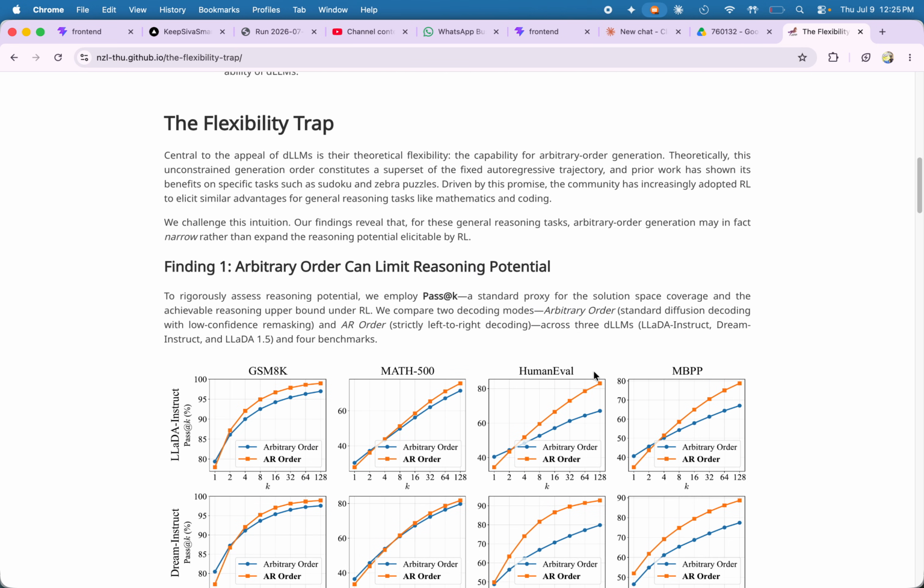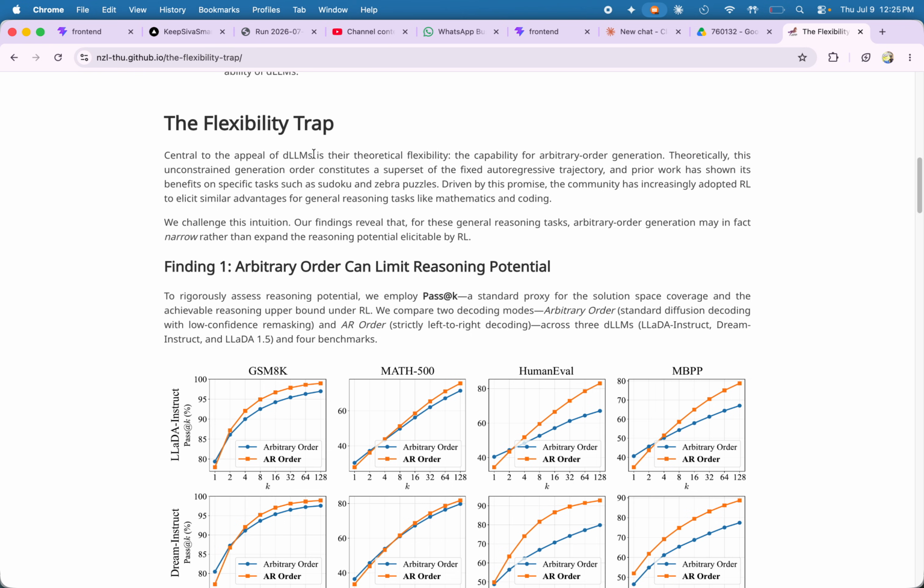And then the flexibility trap. Central to the appeal of DLLMs is flexibility.